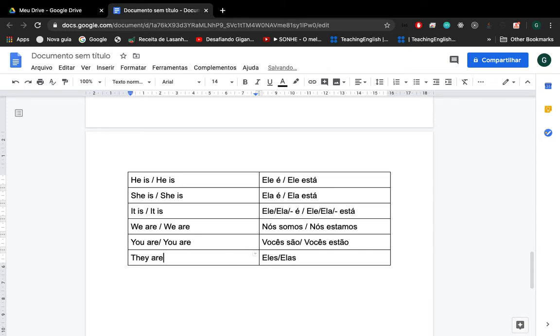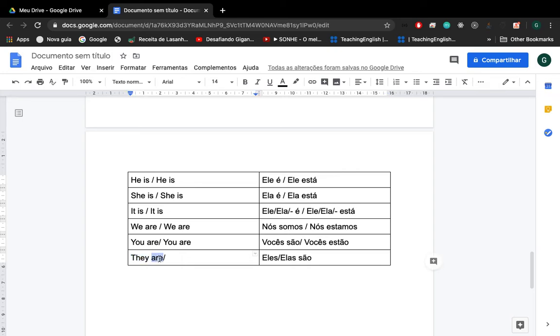They are not temporary condition. Eles if it's male or male and female together, é, or elas if it's female, é. I'm sorry, são. Sorry for this, guys.